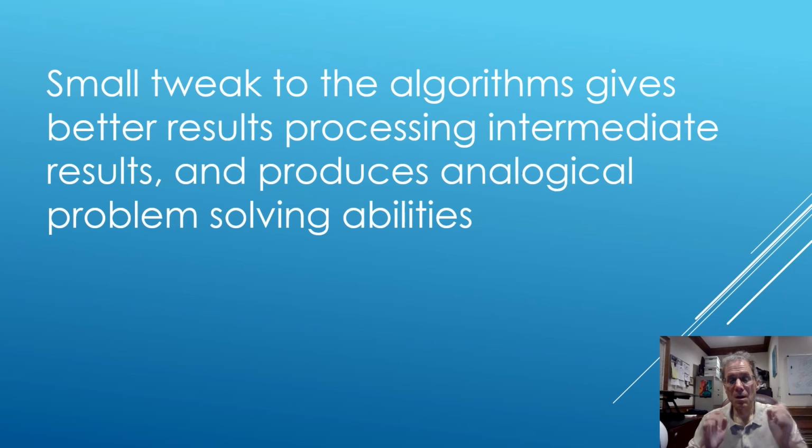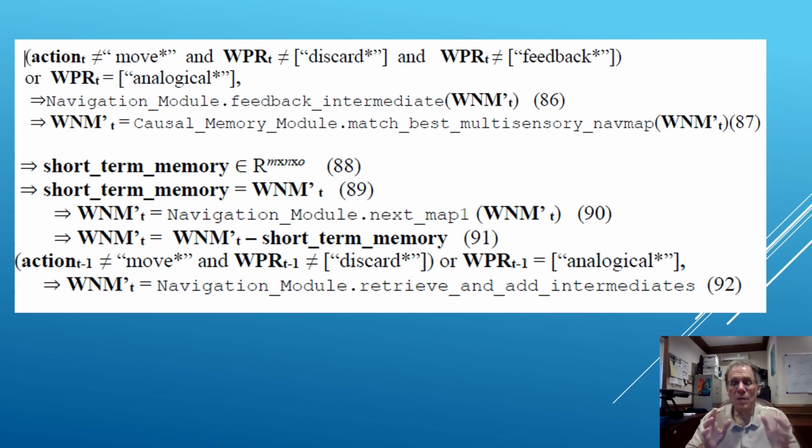What I found about half a year ago is that a small tweak to the core algorithms in the architecture gives a much better result in processing intermediate results and effectively produces analogical problem-solving abilities. I won't have enough time to go through every single equation fully here, but I will show it with an example.